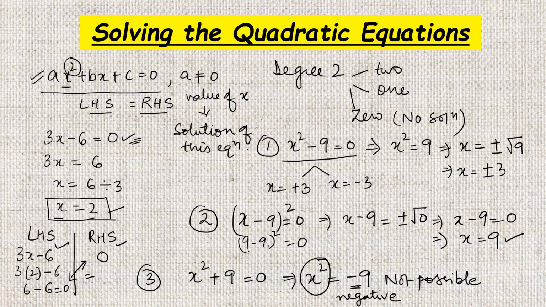Square root of negative number do exist, but that is in the case of complex number system, not in the real number system. So in this case, we don't have any solution of this equation. So quadratic equations have at most two solutions. When I say at most two solutions, means they can have either two or one or nil solutions.